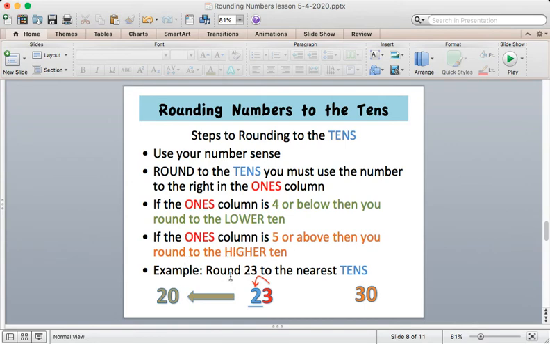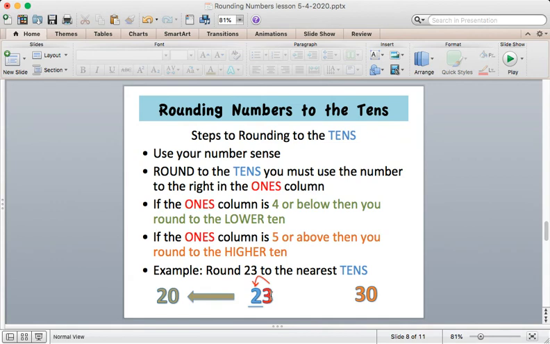So our example is 23, like we discussed on the last slide. 23 to the nearest tens. This is your 23. I color-coded it. This is your 1 spot. The 1 spot is talking to the 10 spot. The 10 spot's underlined because that's the one that you are going to be rounding. So 3 is talking to the 2.